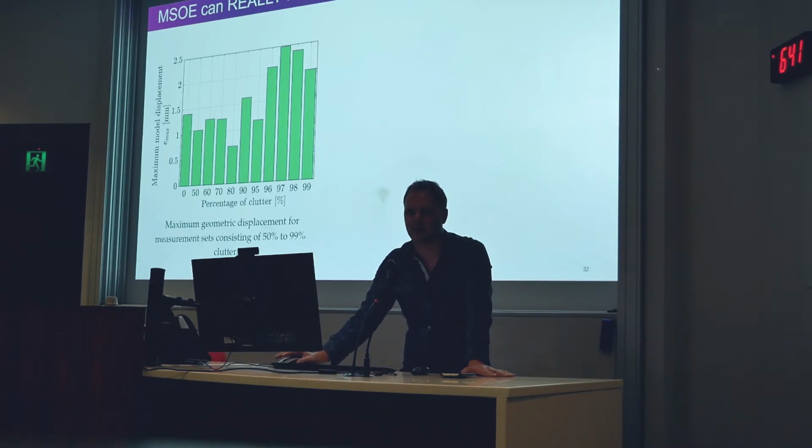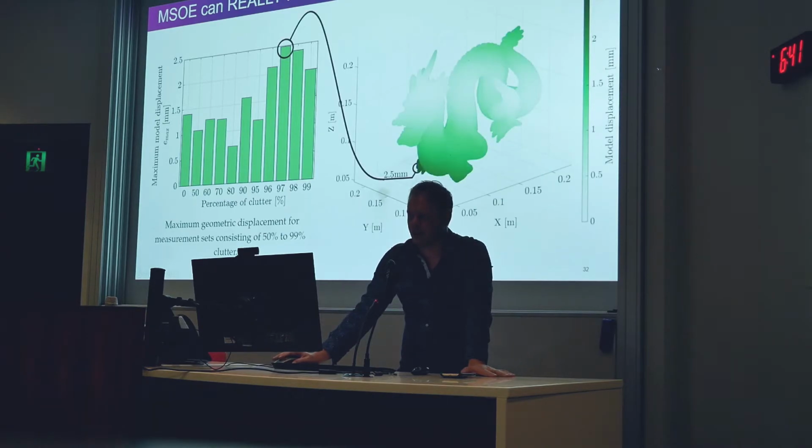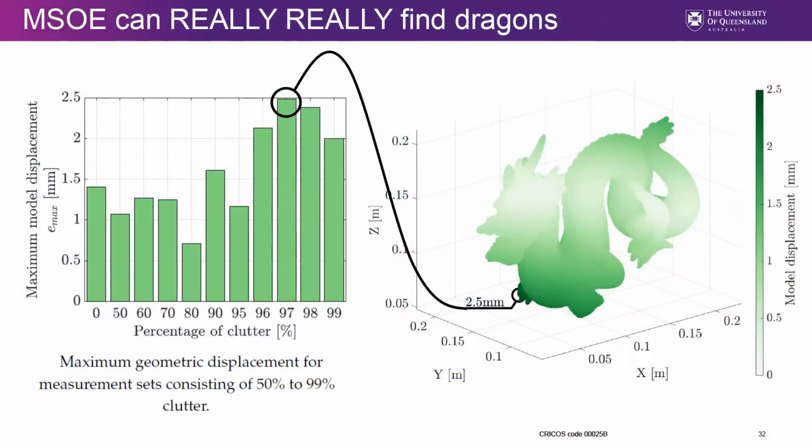The worst part of the dragon is displaced by this many millimeters from where it actually is and where I think it is. And it's only a millimeter or two. In fact, the worst one, which occurred at 97% clutter, probably just because of the bias introduced in my random sampling of adding in rubbish, looks like that. And that's the error on the dragon from where it should be. The worst, right on his toe down here, is 2.5 millimeters in error from where it should be.